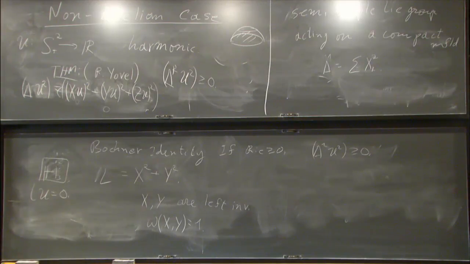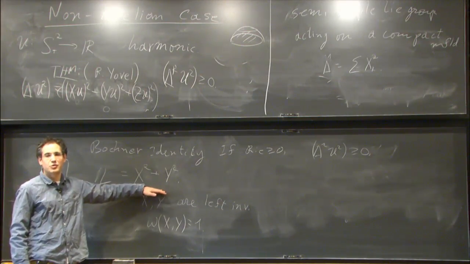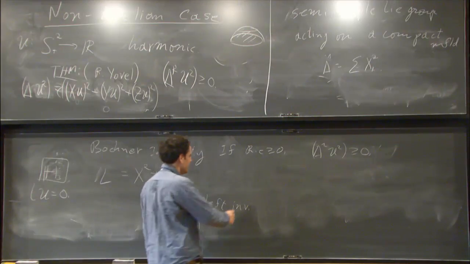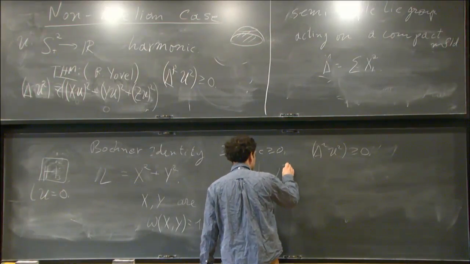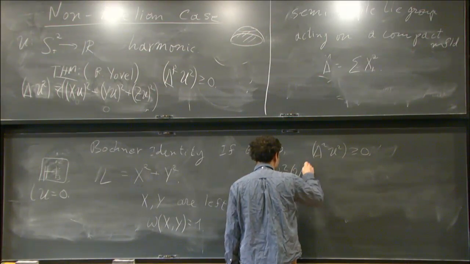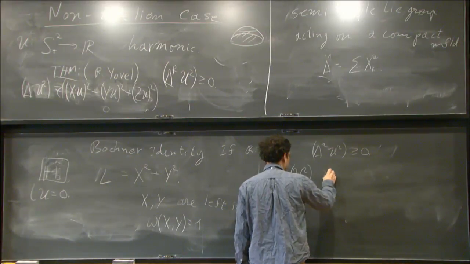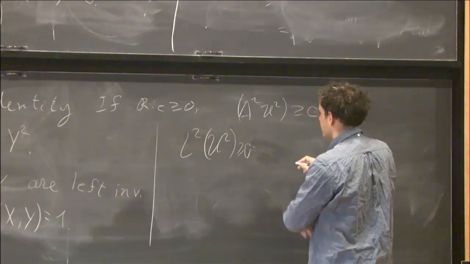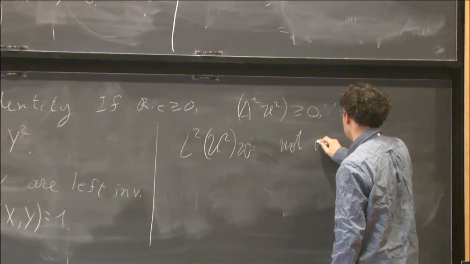I should just say this operator is not elliptic anymore; it's just hypoelliptic, and it's not difficult to check that this is no longer true. I mean, it's not always true.